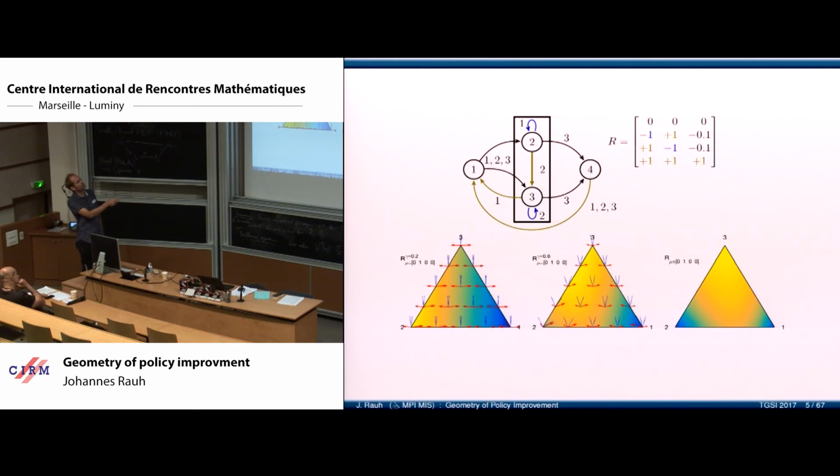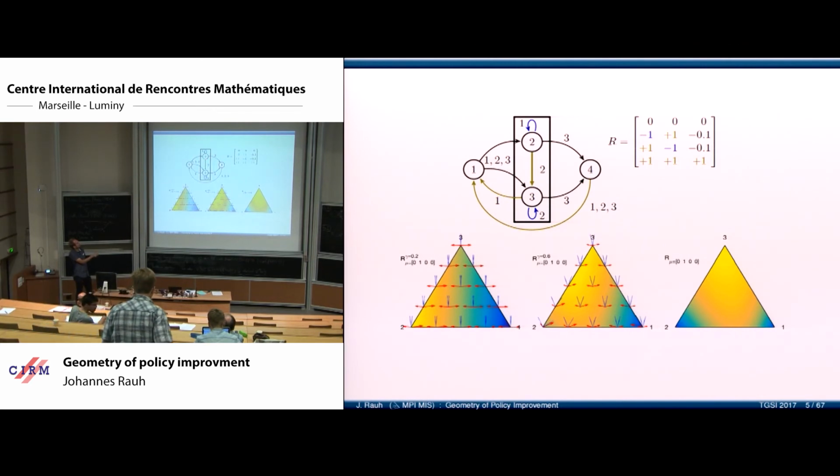The transition from 2 to 3 has a high reward, from 3 to 1 also has a high reward. But if you stay at 2 or if you stay at 3, this incurs a cost. Now, if you cannot distinguish 2 and 3, then there's no way of making use of this cycle.